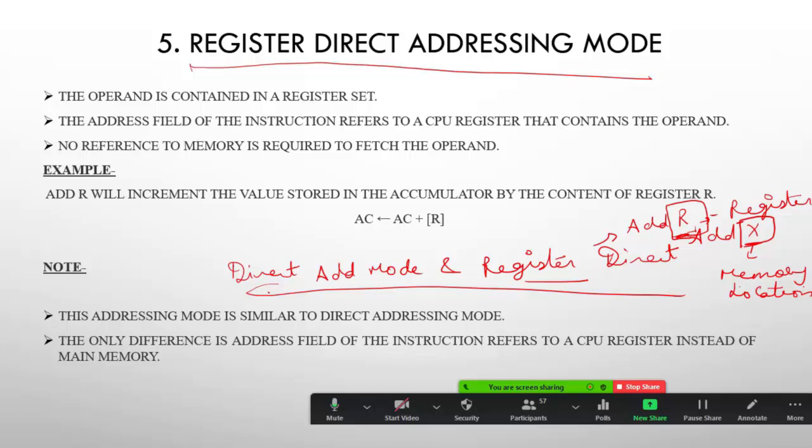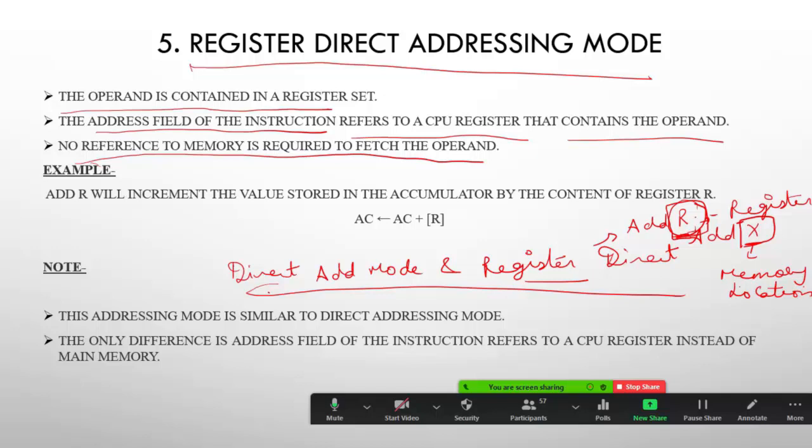Now what is happening here? The operand is contained in a register. The address field of the instruction refers to a CPU register that contains the operand, add R. Okay, it is a part of the instruction. R is a part of the instruction where R is specifying some register that is present in the CPU. No reference to memory is required to fetch the operand.